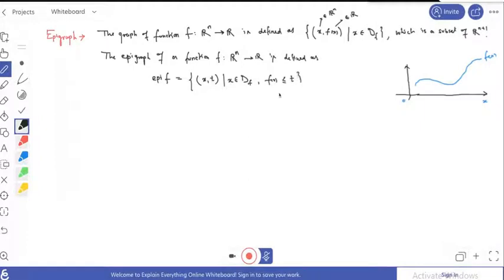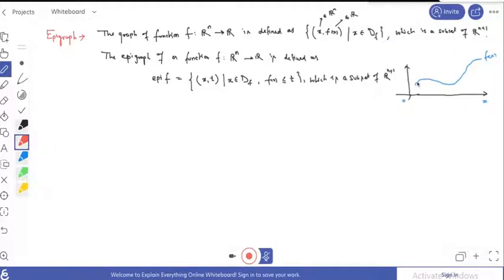This is the definition, and it is a subset of Rn plus one dimension. So here we collect all x, and f(x) is something less than or equal to t.